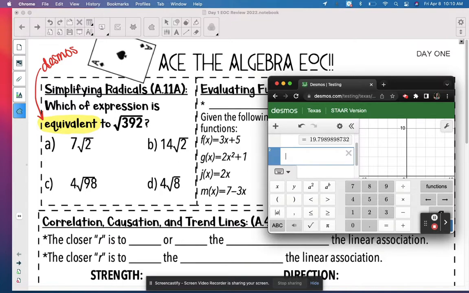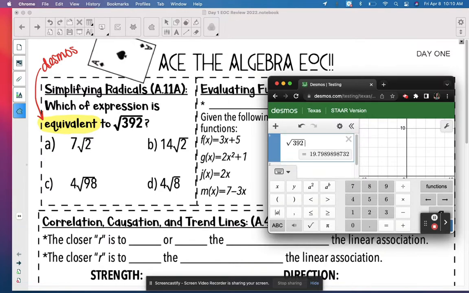We start with 7 square root 2, not it. It's too small, 9 point whatever. Next one we have is 14 square root of 2, and this one matches, but I'm going to double check that it is the only one that matches. The next one is 4 square root of 98, too big.